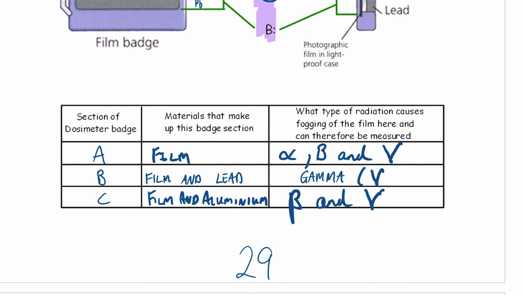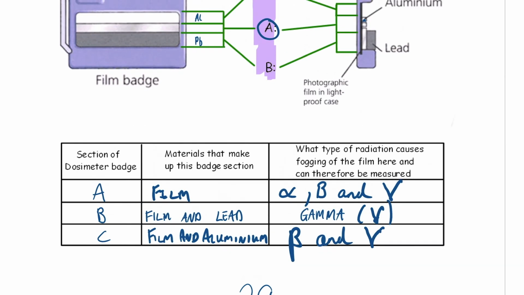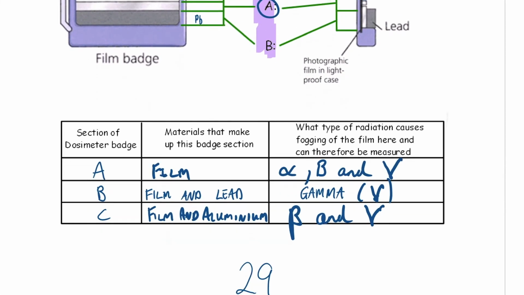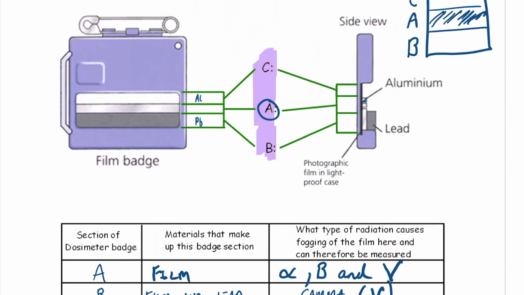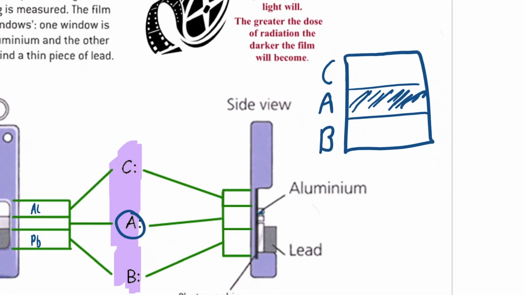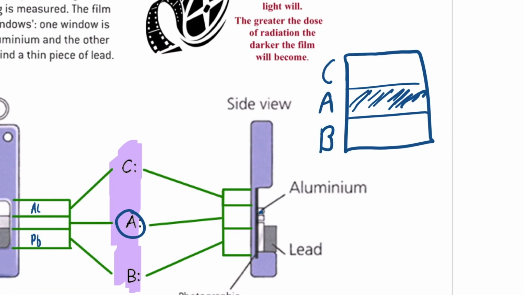On section B, it's only gamma that can get through lead. Therefore, let's say you had a film that looked like that. That would tell us that only alpha was affecting the film, because alpha wouldn't get to C, it wouldn't get to B.